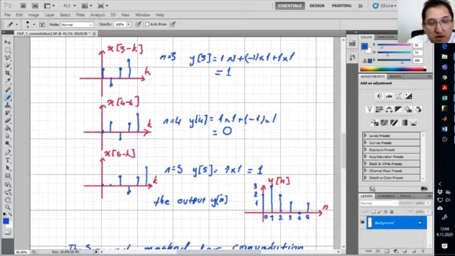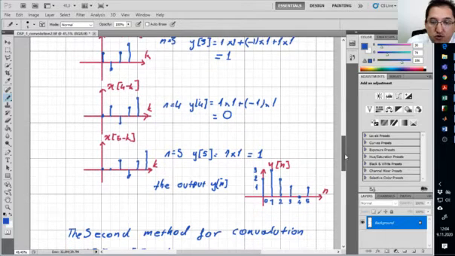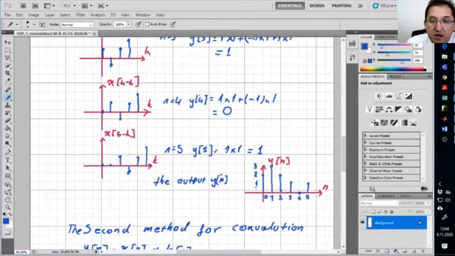If we shift to the right or left, we always multiply by 0, and we get 0 at the output, and this is enough for the convolution operation for us. Let's draw the output. This is y[0], y[1], y[2], y[3], y[4], and y[5].